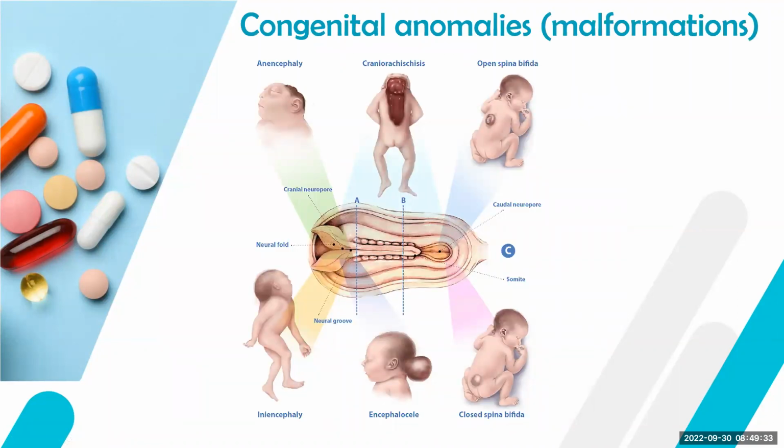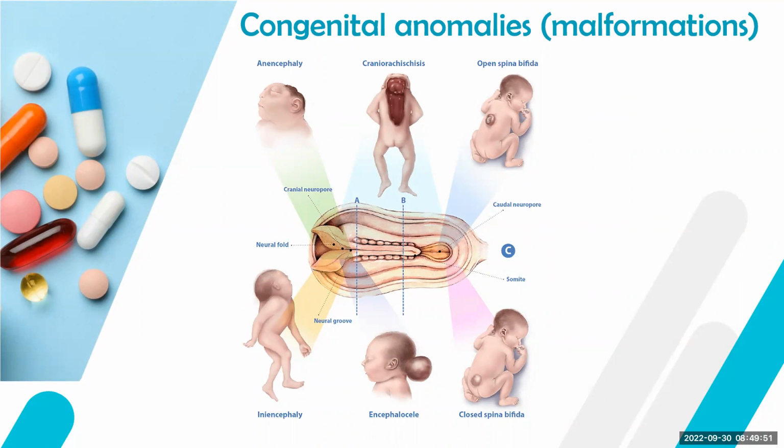When you Google congenital anomalies or malformation, what you are going to get are actually congenital anomalies of the structural elements surrounding the nervous system and not the nervous system itself.